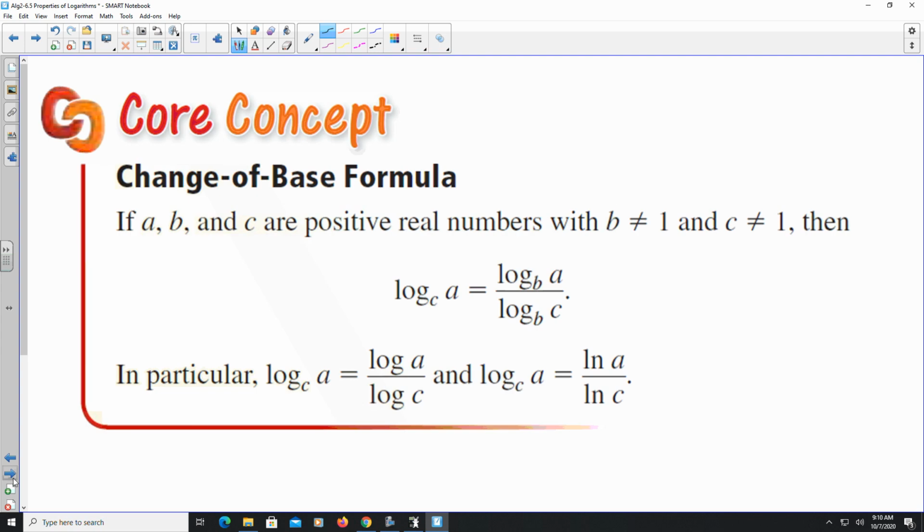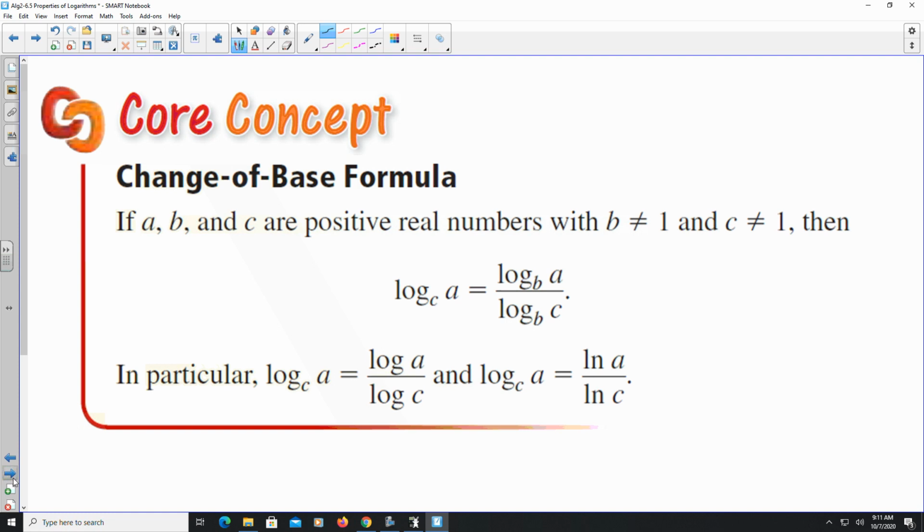Another formula that I find incredibly helpful when it comes to solving logarithmic functions is the change of base formula. The change of base formula says that if I have log base c of a, you can rewrite this as the log base b of a divided by the log base b of c, making b whatever base you want.